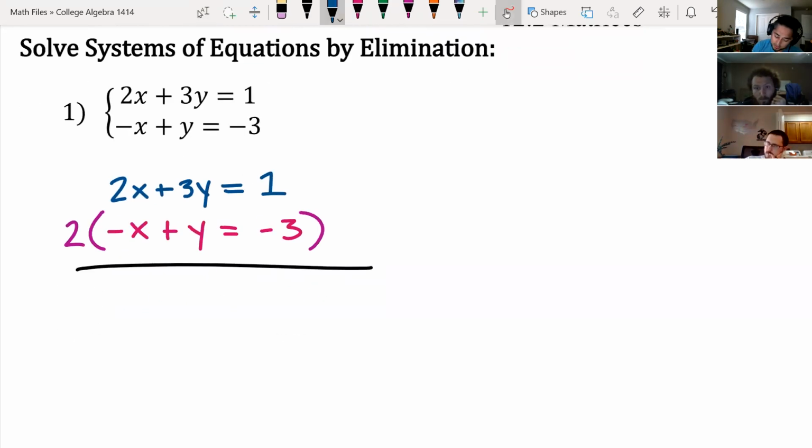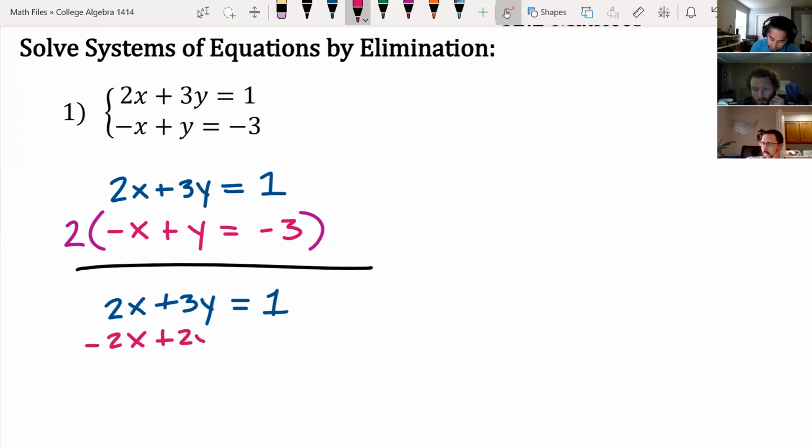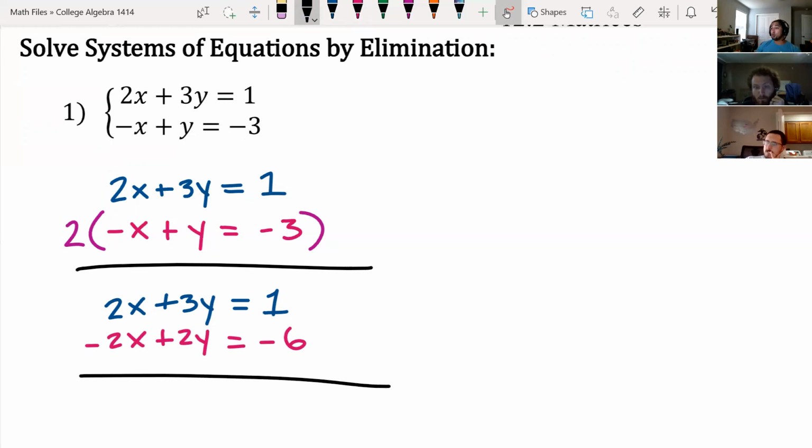Our next step is the first equation stays the same. But now the second equation, everything is multiplied by 2: -2x plus 2y equal to -6. And now we are all set up to eliminate x.